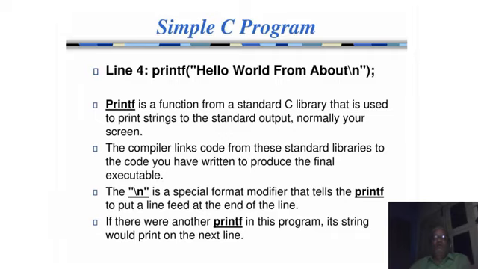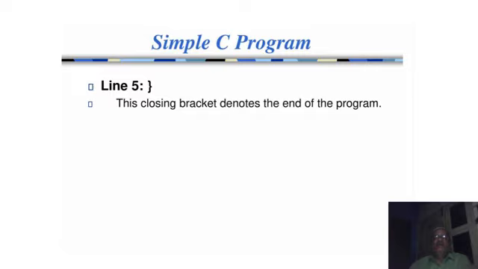The backslash n is a special format modifier that tells printf to put a line feed at the end of the line. If there were another printf in this program, its string would print on the next line. That's why we use the backslash n. We call it a modifier.